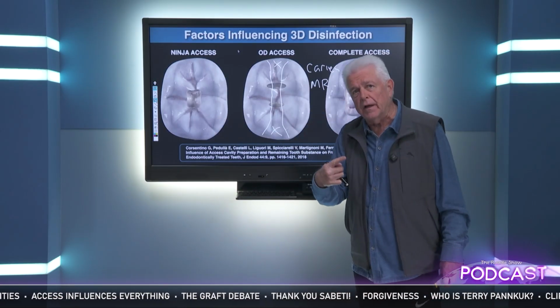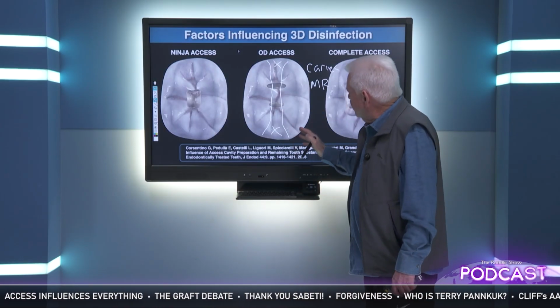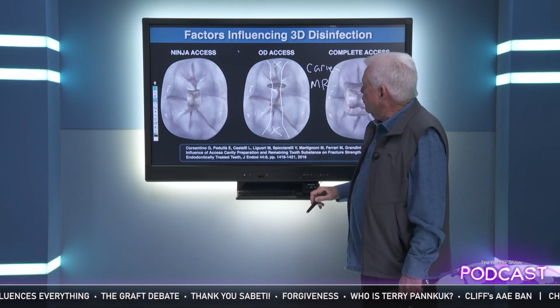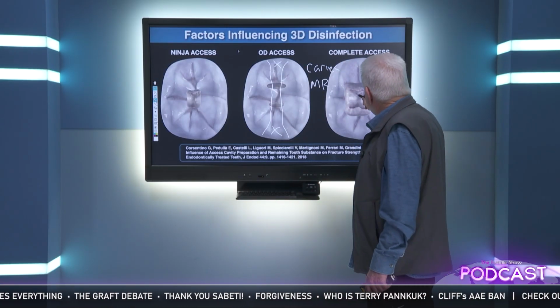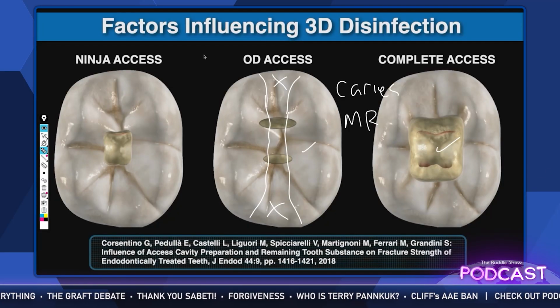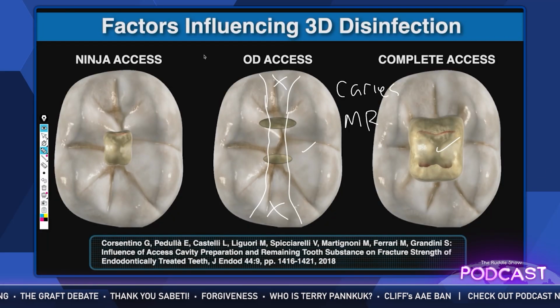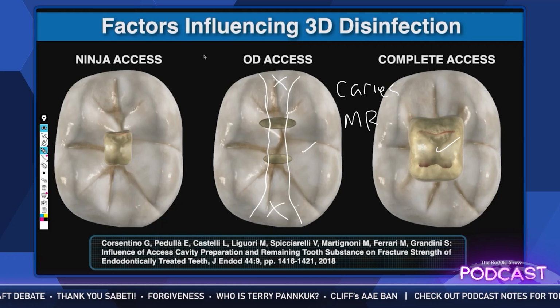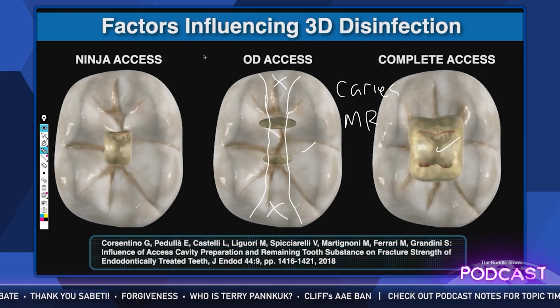Let me say it a different way. They found out that if you had intact marginal ridges, there was no difference between this one and this one. None in strength and flexural strength post-endodontics, endodontically strong teeth. So this paper was very, very good.